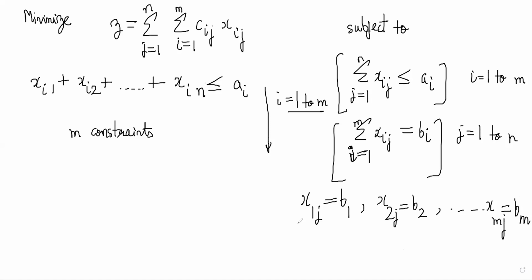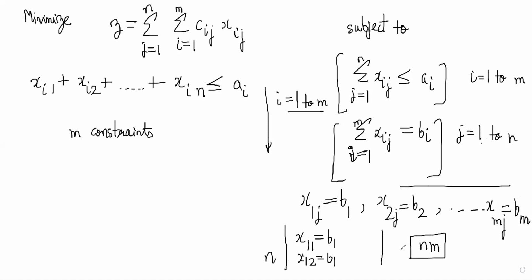And then for each j, you have 1 to n. So here you will have x11 is equal to b1, x12 is equal to b1, right? So n terms here and m terms here. mn total constraints here, right?